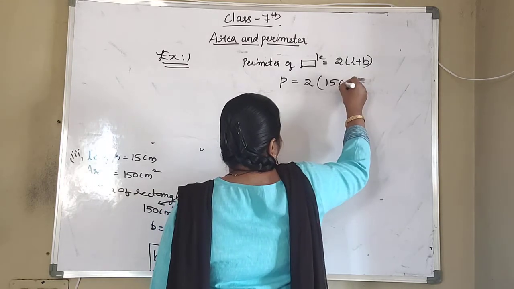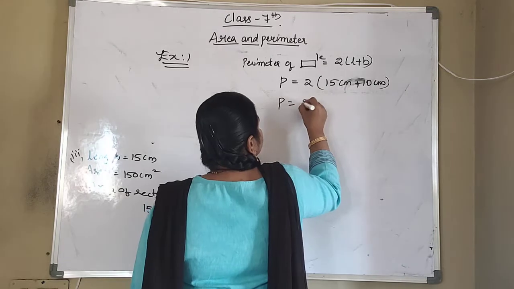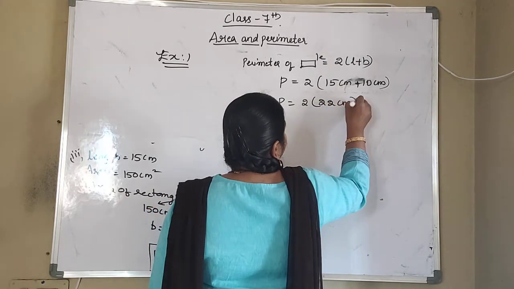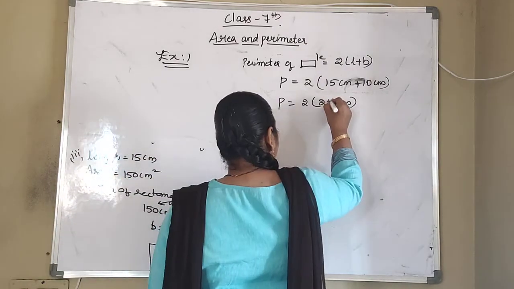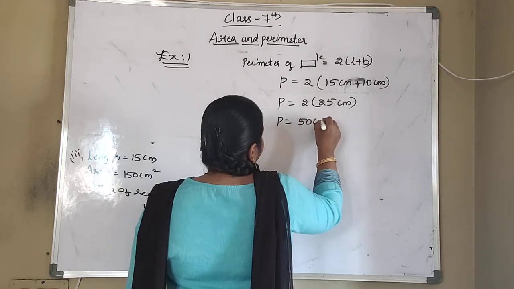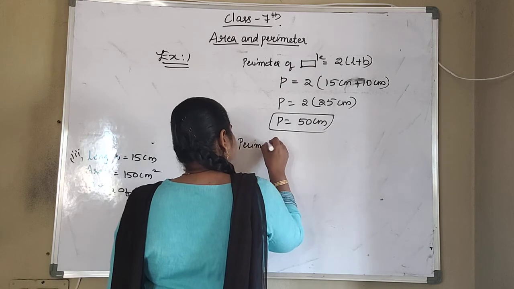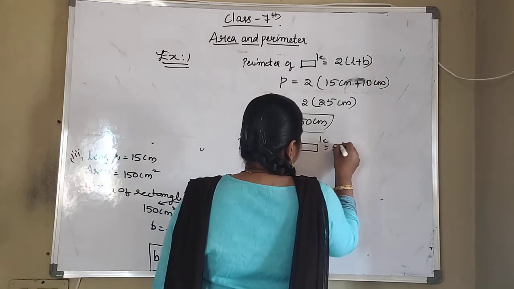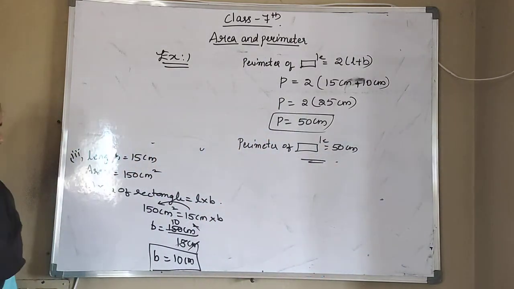That is 15 centimeters plus 10 centimeters. So P is equal to 2 into (15 plus 10), that is 25 centimeters. So P is equal to 2 into 25 will be 50 centimeters. So you got the perimeter of the rectangle as 50 centimeters. So this is our first exercise.